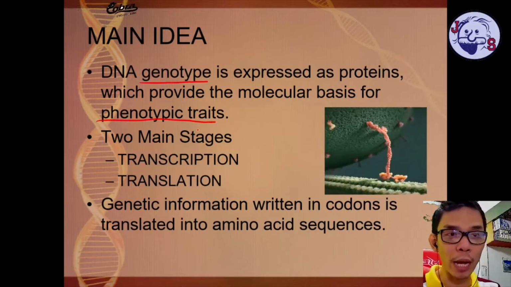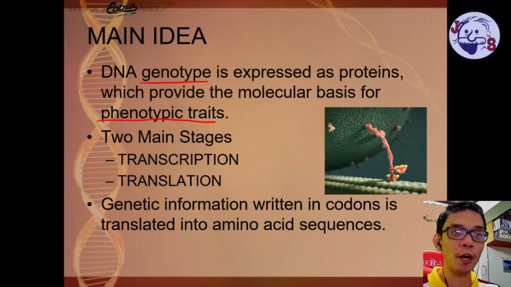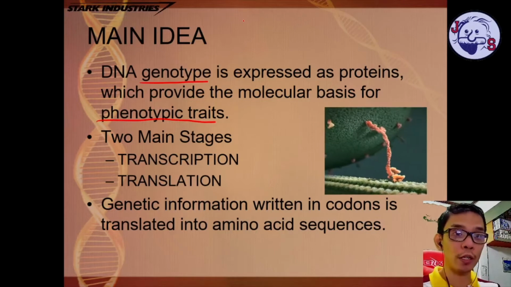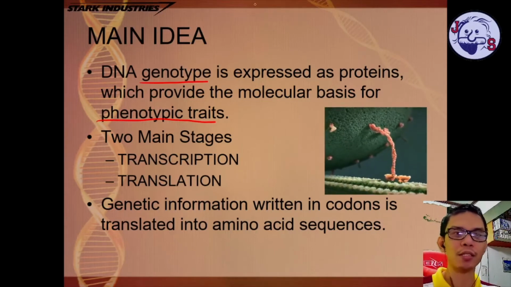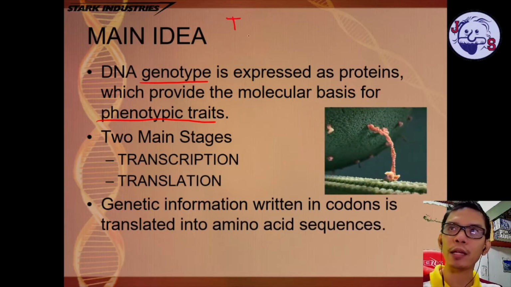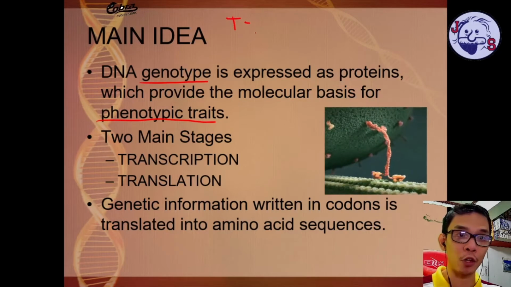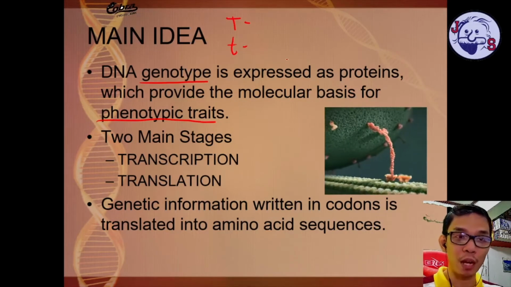The genotype is the genetic or molecular form of the trait. For example, if you recall your grade 8 lesson about the Punnett square and Mendelian genetics, the capital letter represents the dominant trait, and the small letter represents the recessive trait.